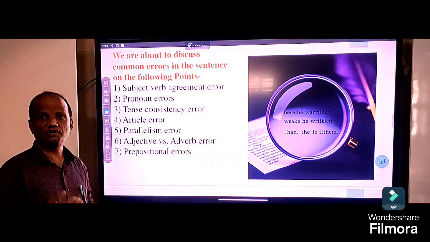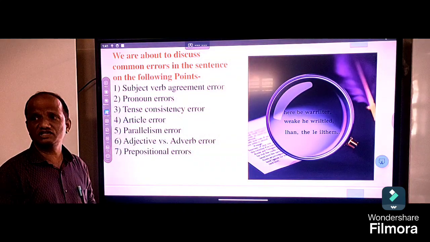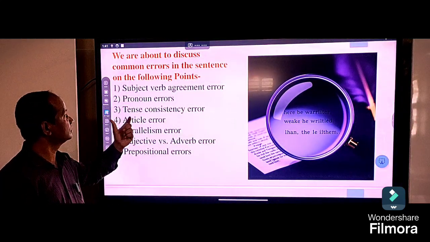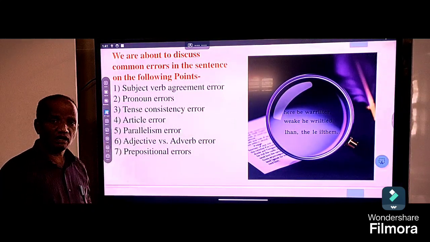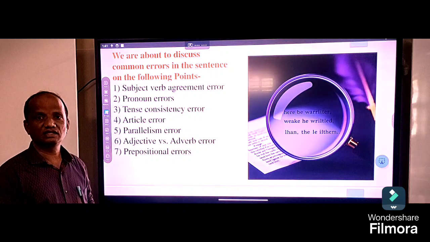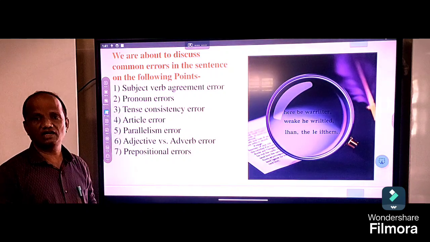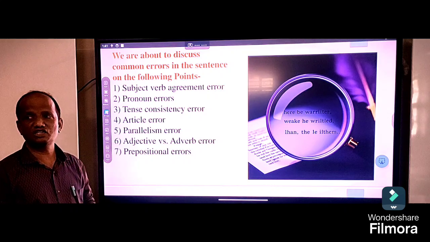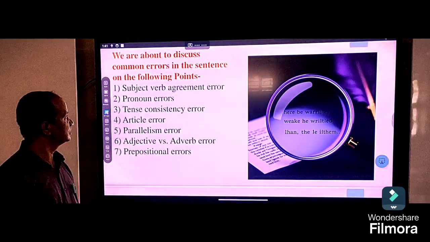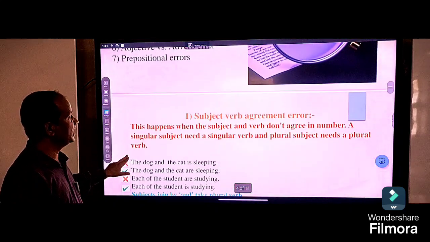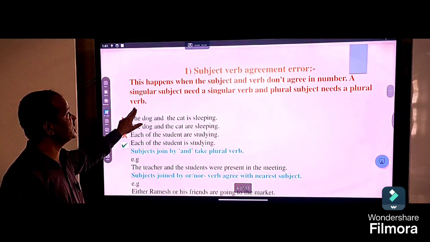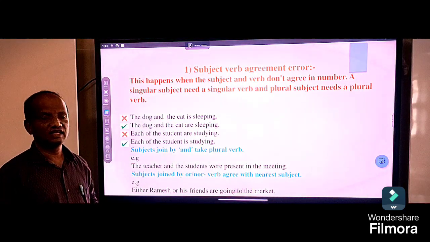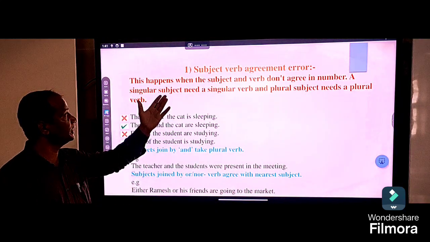These are the most common errors in sentences, and we have to find out how these errors occur in the sentences, how to identify these errors, and how to correct these errors from the given sentences. First of all, we are about to discuss the most common error in the sentences, that is subject verb agreement error.